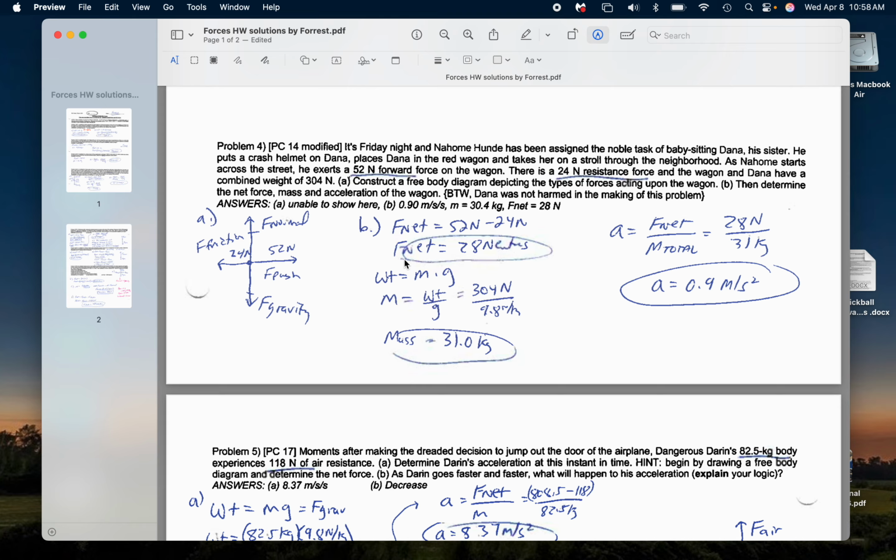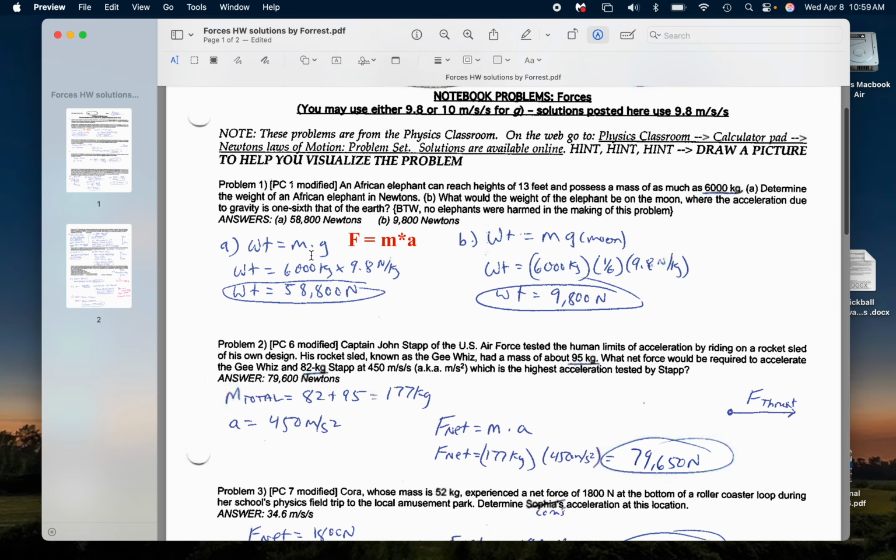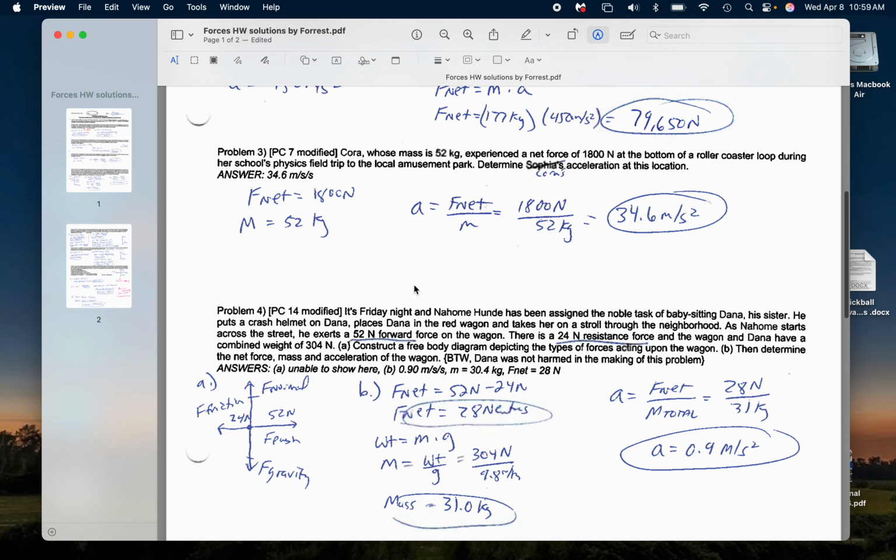So that's 28 newtons. Now, the second part is asking also, what's the acceleration of the wagon? Acceleration is net force over total mass. Well, we just got the net force, that's 28 newtons. But to find the total mass, now I need to revise this formula, which I used earlier. It's a version of Newton's second law.